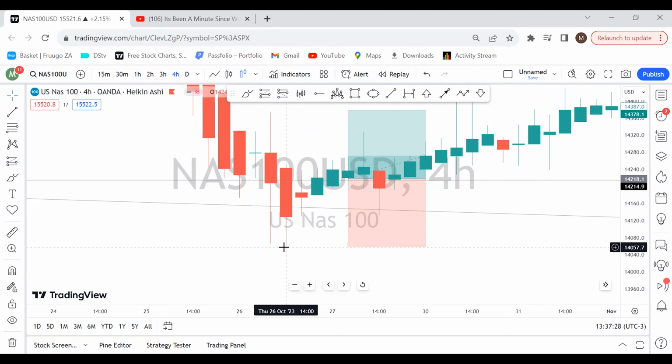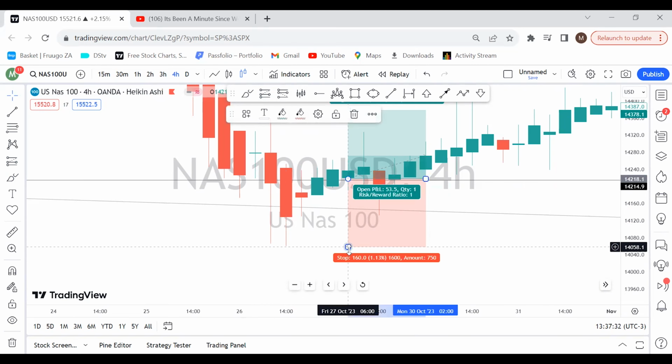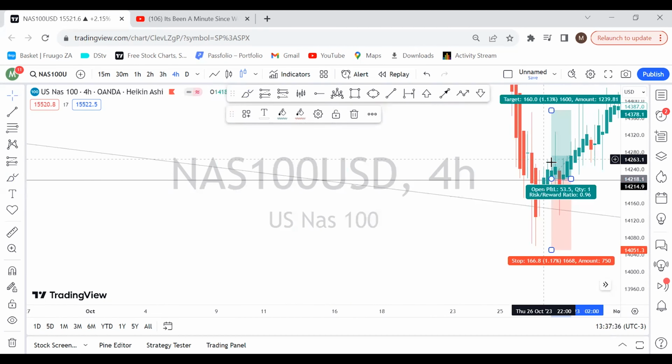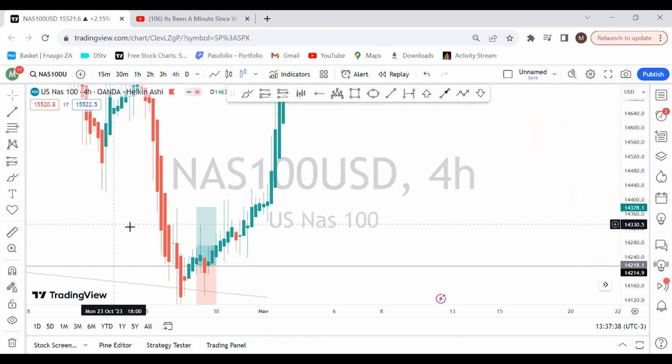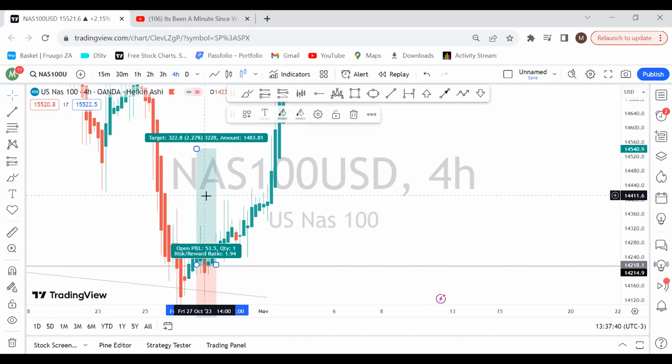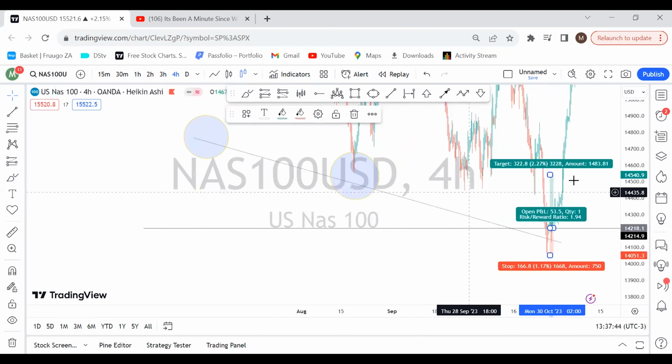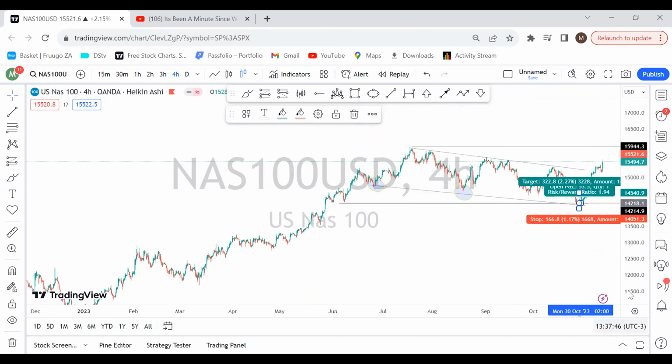So this is the lowest point, this wick right here. So you just set your stop loss right there, as you can see, and then you scale up. So simple as that. The price went up from that point all the way up, right?